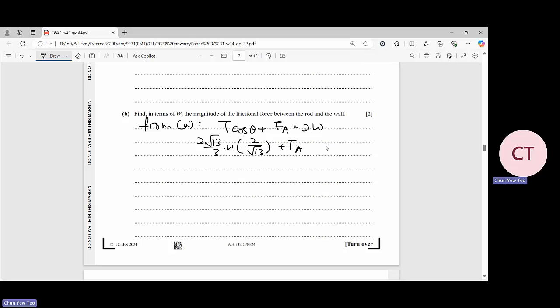FA you do not know. Cancel this. You get FA is equal to 2W minus 4 over 3 W. Then you get 2 over 3 W. Just like that. Done. That will be the answer for question number 4B.